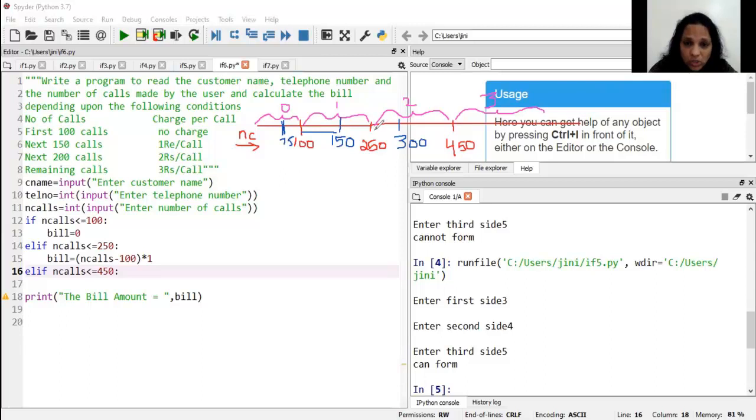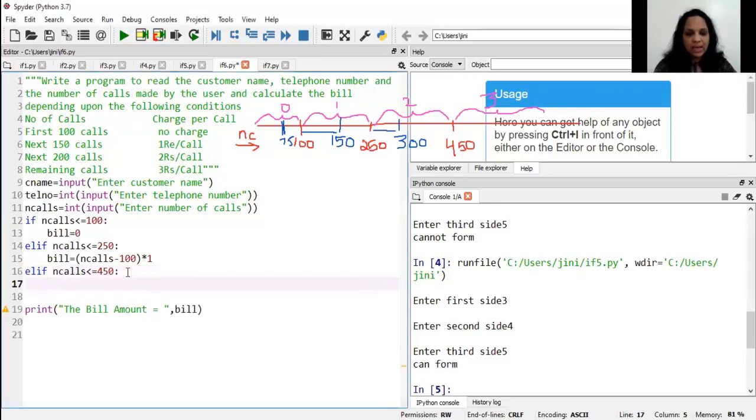No, you're going to be charging me 2 rupees only for this part, which is the number of calls that I made minus 250. So I go back to my program and say bill is equal to the number of calls that I have made minus 250. That small part that you see there, for that you charge me 2 rupees.